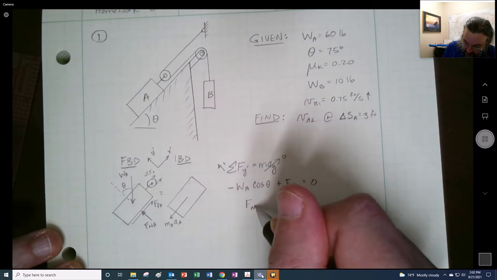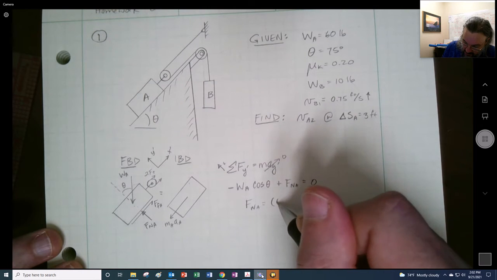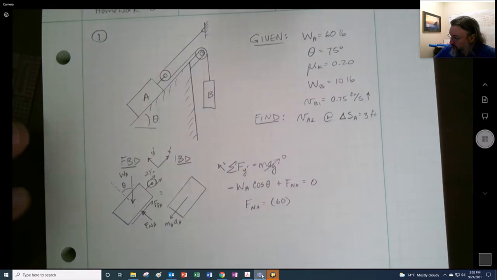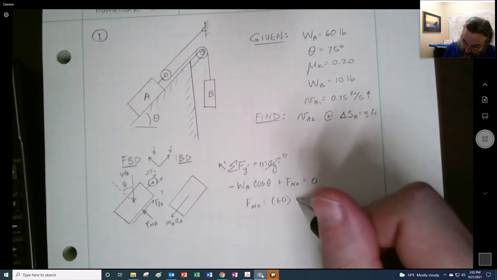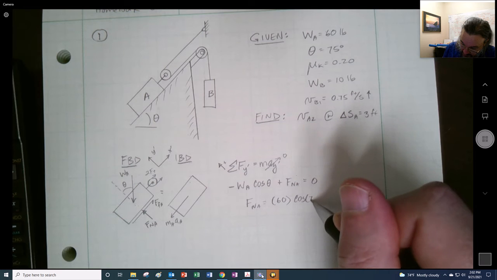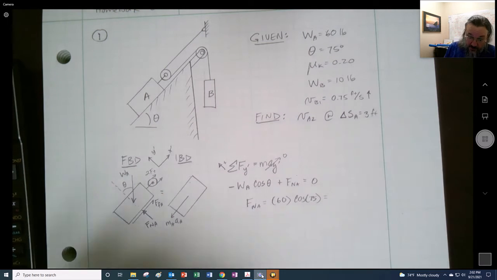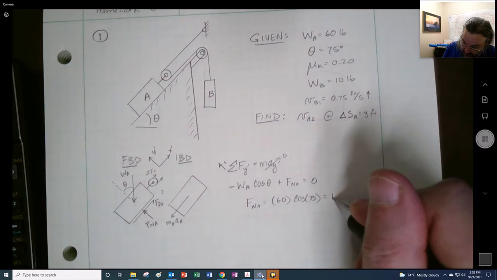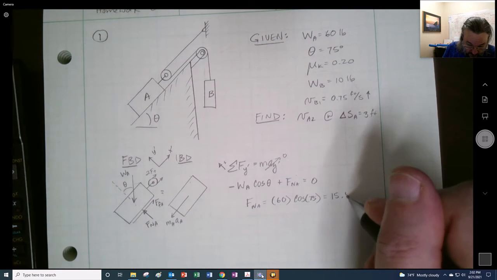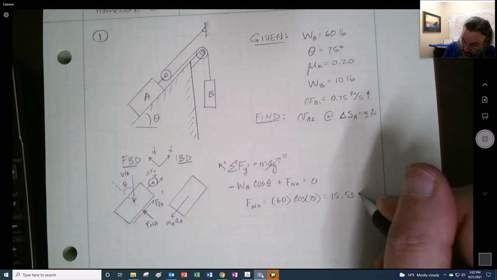So we find FNA is going to be 60 times the cosine of 75, which should come out to 15.53 pounds.